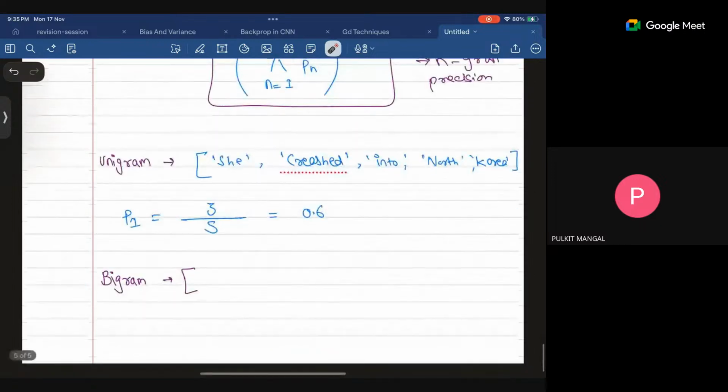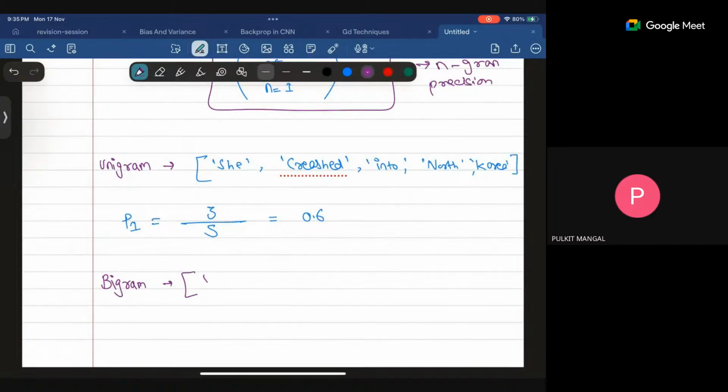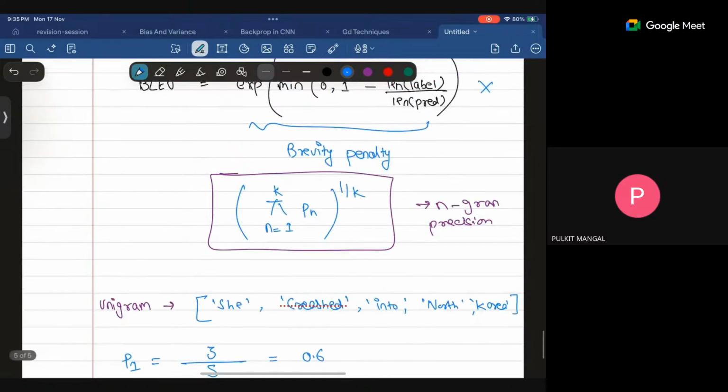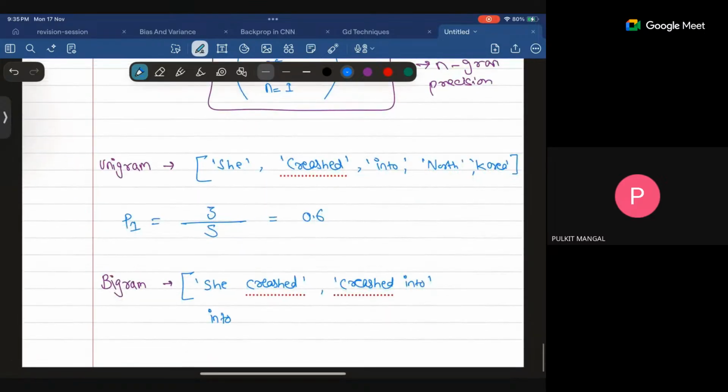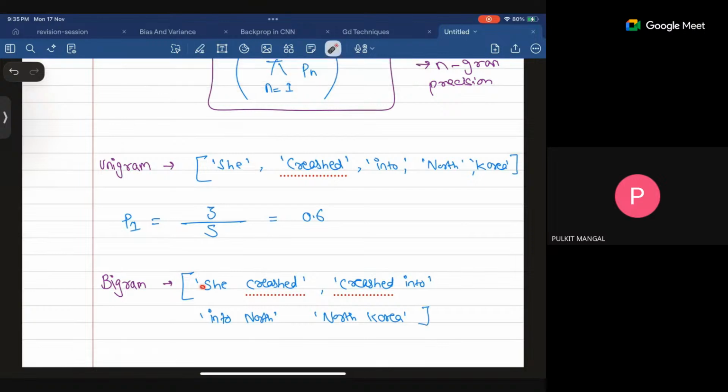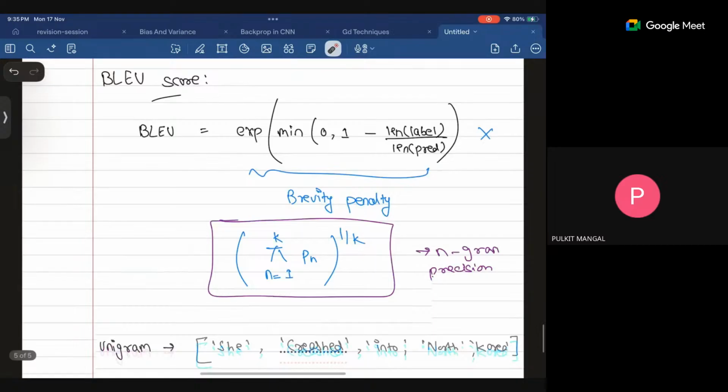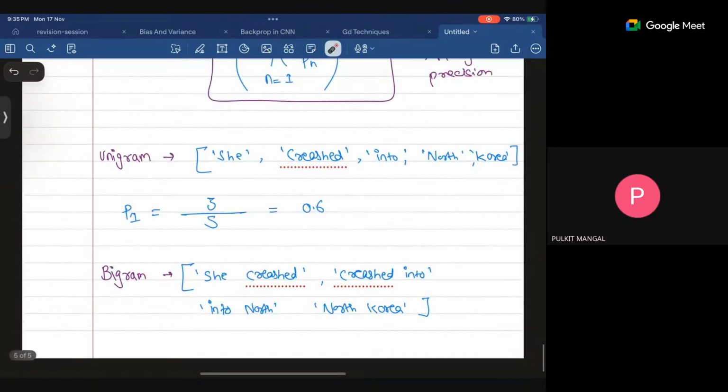So these 4 pairs we have for our bigram. Again, you're going to match it with the target one. So do we have she crashed here?